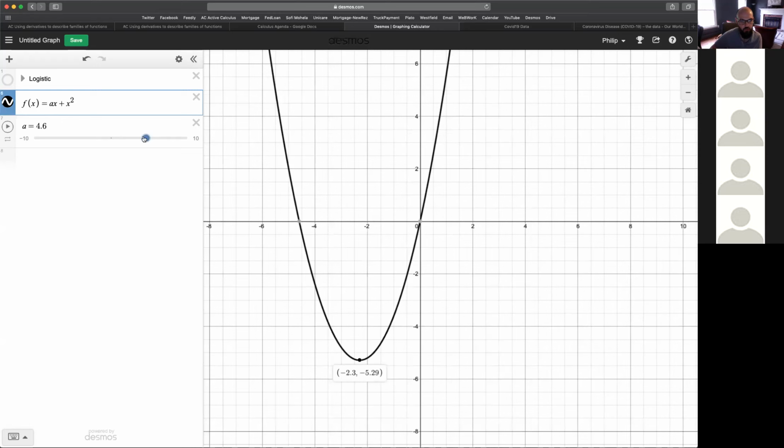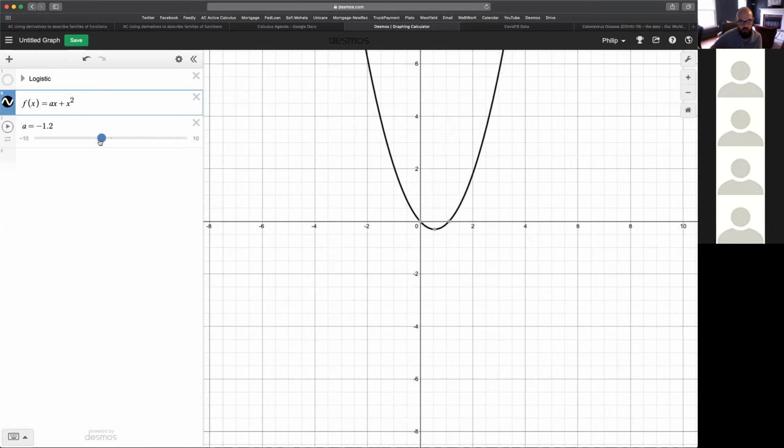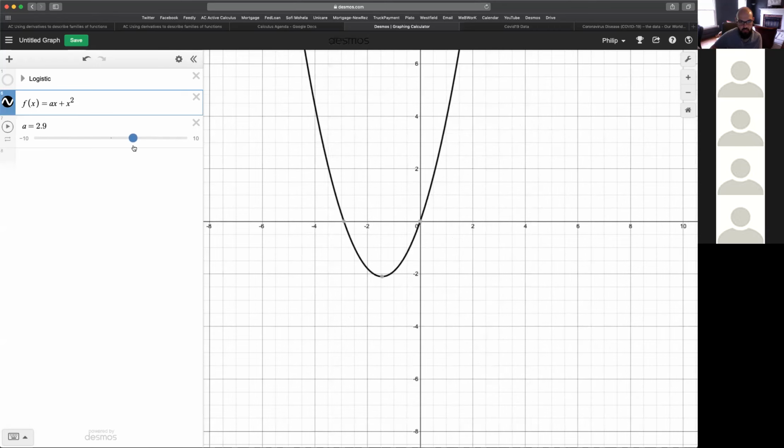So what we want to verify now is that, no matter where that point is, I always want to verify that this point right here is negative a over 2. So I can graph this point, negative a over 2, comma, f of negative a over 2. I got this point from my analysis, what we did on the chalkboard.